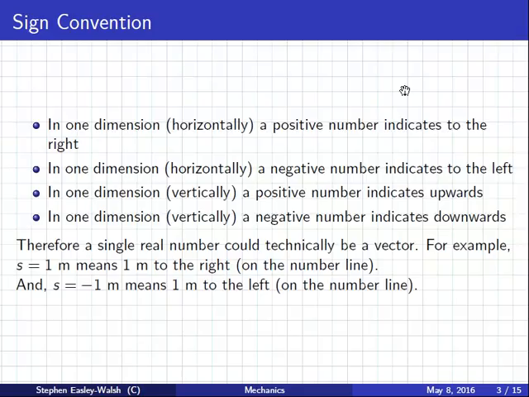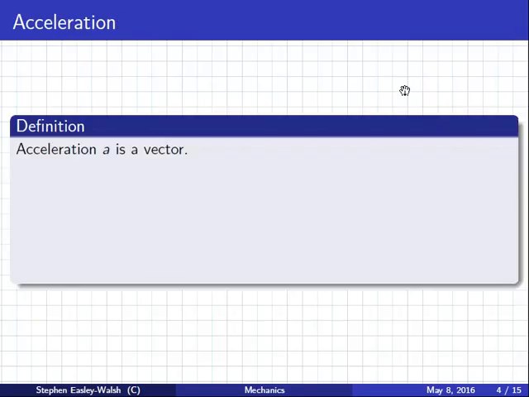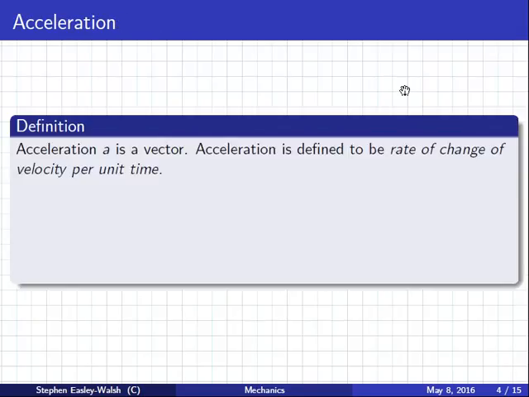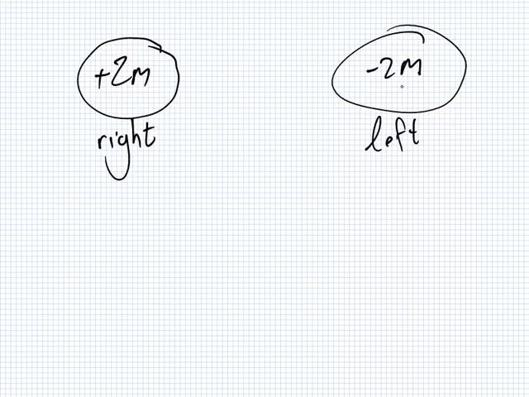That's okay? Right, now on to some more formal definitions. Acceleration is a vector, and what exactly is acceleration? It's the change in the velocity, and that's the formula. Now I need to explain that a little bit.